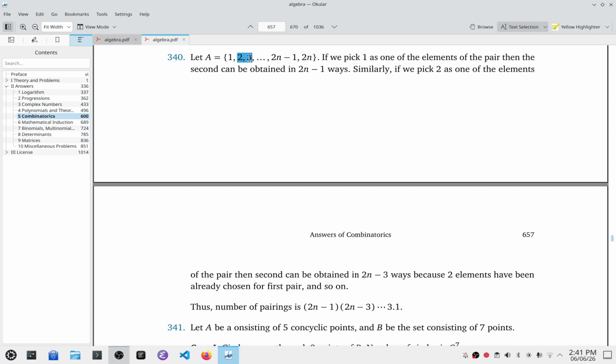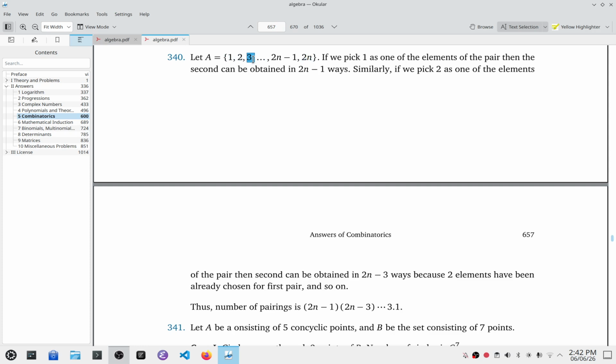That is, 4 if we put 4, so 4 means 2 into 2. So we take 1, 2, 3, 4. For 1, it would be 2, 3, 4. So 3 pairs, that is 4 minus 1. Then for 2, it will be 2 sets, 3 and 4. 2, 3 and 2, 4 will be the answer, right?